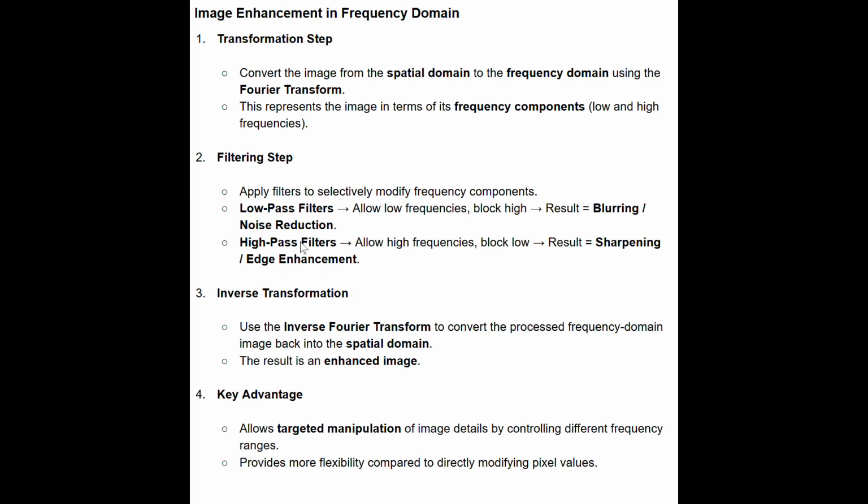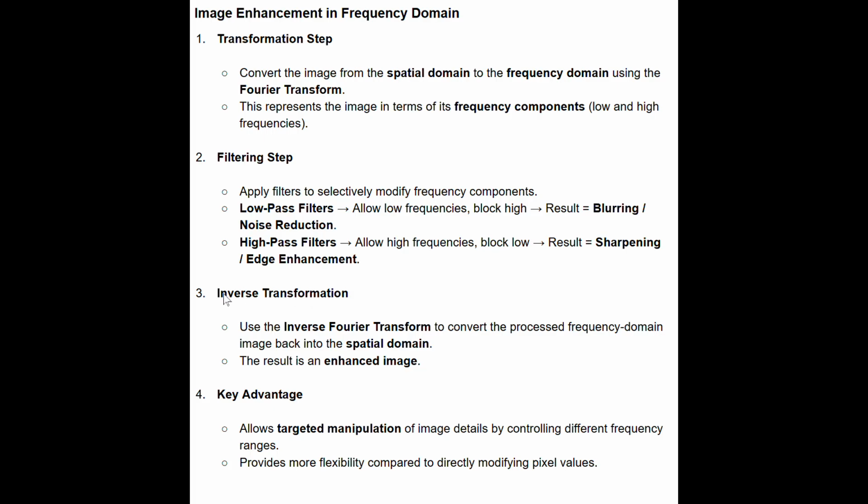Then we can use high pass filters, which allow the high frequencies and block the low frequencies, and it results in sharpening of the image. It will result in edge enhancement of the image. So depending on your need, you can select the filters and modify the frequency components of the given image.